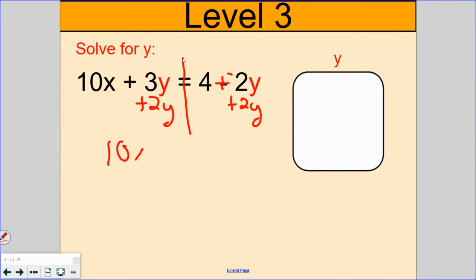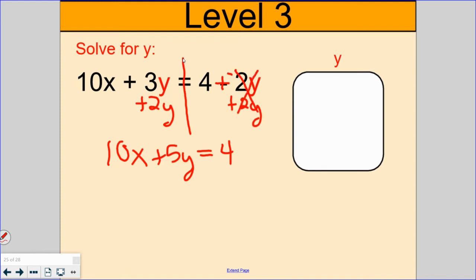We still have our 10x. Our 3y plus 2y is 5y equals, and we have 4, and then our negative 2y and our plus 2y cancel each other out.